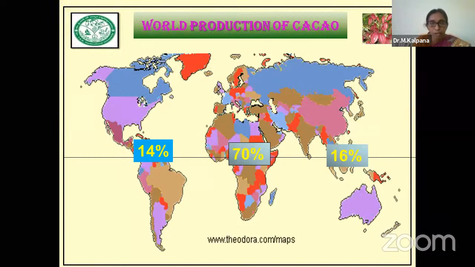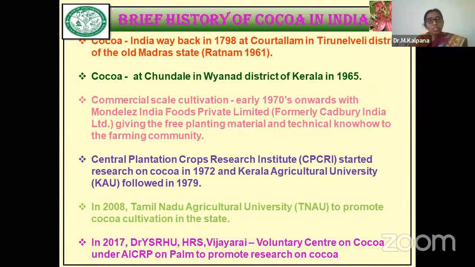Coming to its brief history, the introduction of this crop in India goes almost way back to 1798. It was first introduced in Kottalam in Thiruvannamalai district of old Madras state, but it was not that much concentrated at that time. Again, it was introduced in Chundel in Wayanad district of Kerala in the year 1965.